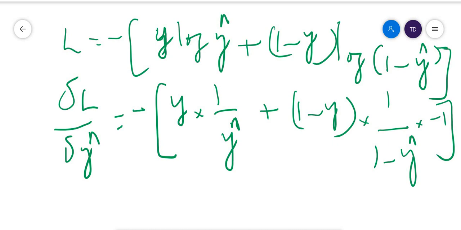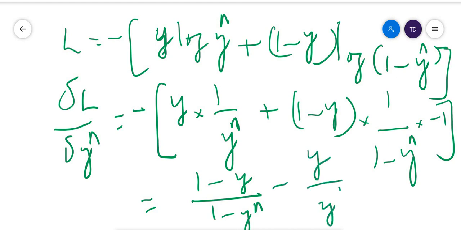When you simplify it, minus and minus becomes plus, so you can write it as (1 minus y) divided by (1 minus ŷ) minus y divided by ŷ. So this is what you get for ∂L/∂ŷ.